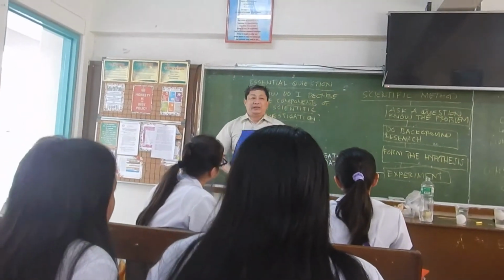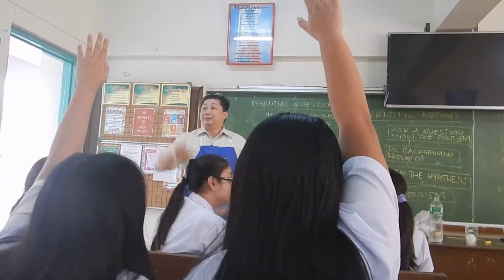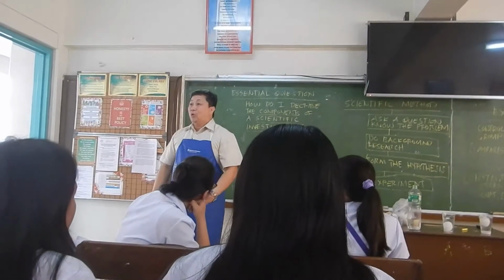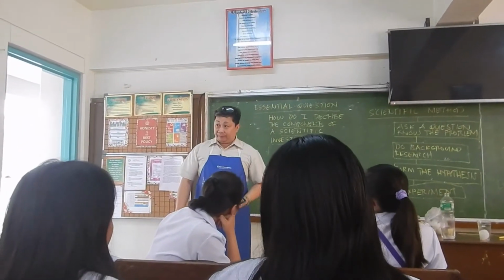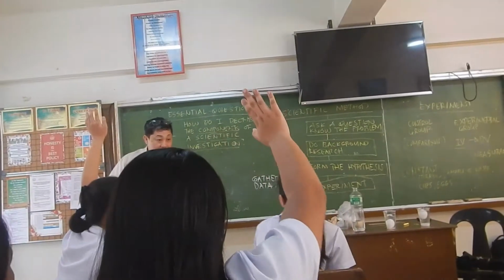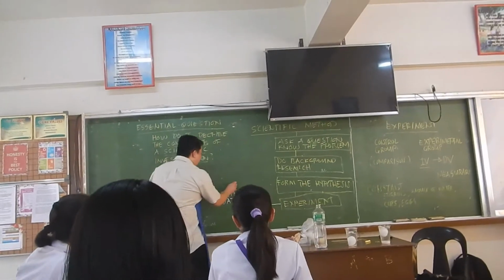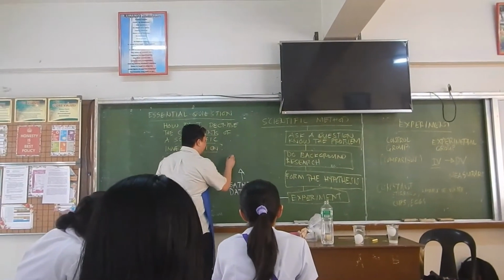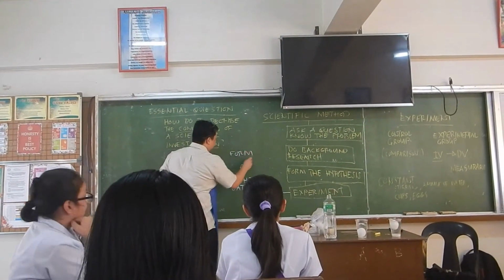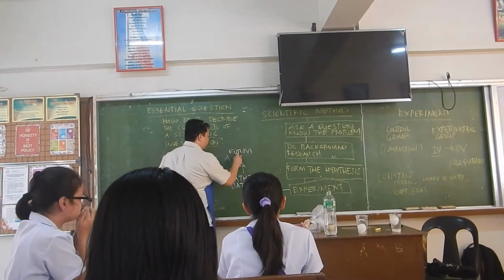And what do we do with this data? Yes, ma'am. Analyze. You analyze them. Upon analyzing, what do you form? Yes. Okay. You analyze them and then you form a conclusion.